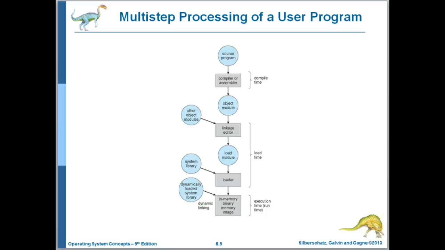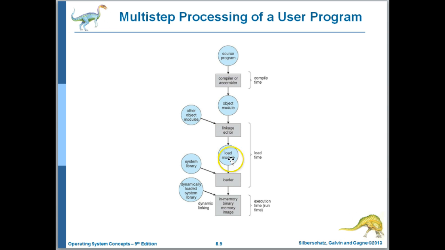So here's a diagram illustrating the various binding times. So the bindings that occur at this stage of compile time, the compiler generates objects. Static libraries also fall into this category. The linkage editor then takes the object modules and static libraries to form a binary.